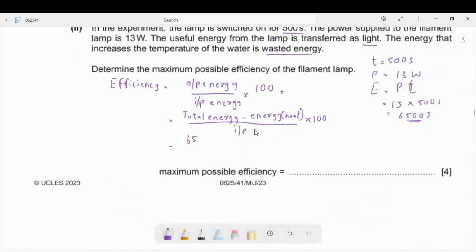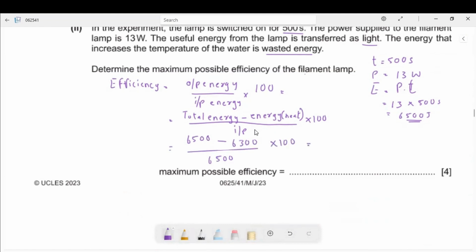So total energy is 6,500 minus energy used for heating the water, 6,300, by the total energy 6,500 into 100.